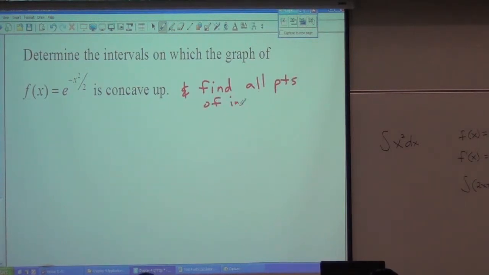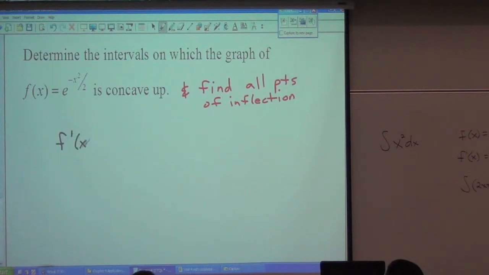We'll find all points of inflection. So an inflection point is where a graph changes concavity, or in other words, where the second derivative changes sign. So to find concave up, concave down, and points of inflection, we need the second derivative.